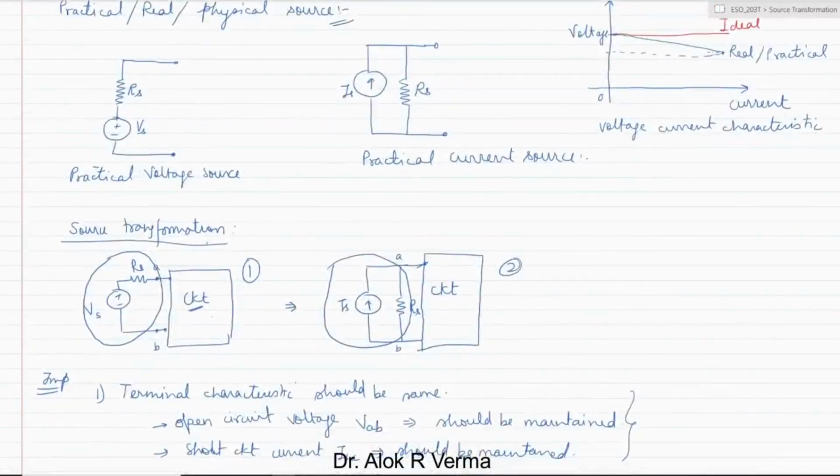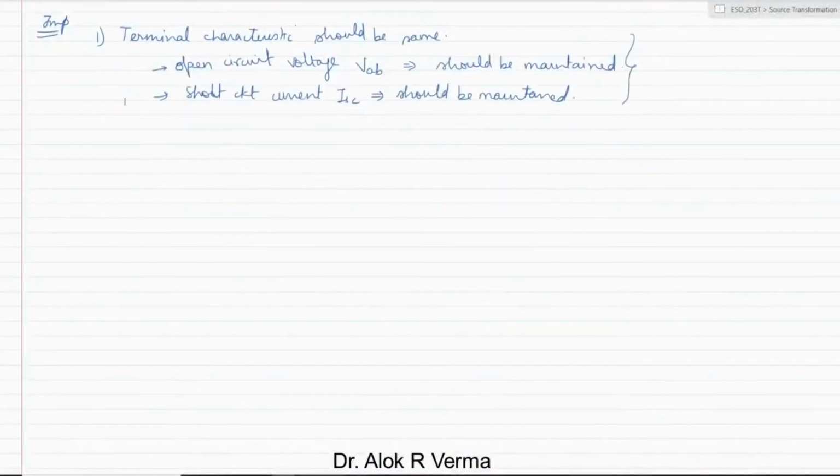Now let us see how we are going to do it. We'll look into the transformation which is going to happen. We'll write the equation of the terminal characteristic in both cases and try to match them. This is the practical voltage source. What is the VOC? We'll take terminals A and B only. What is the VAB?